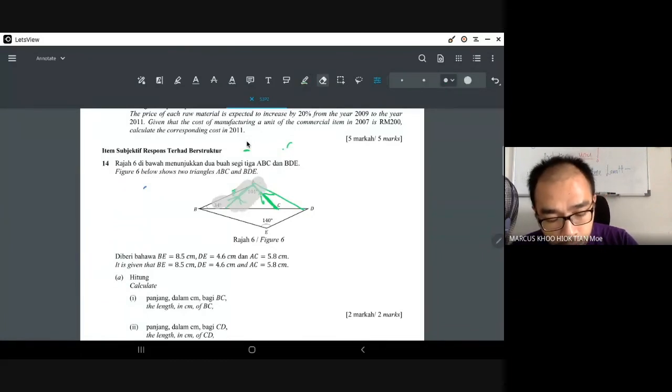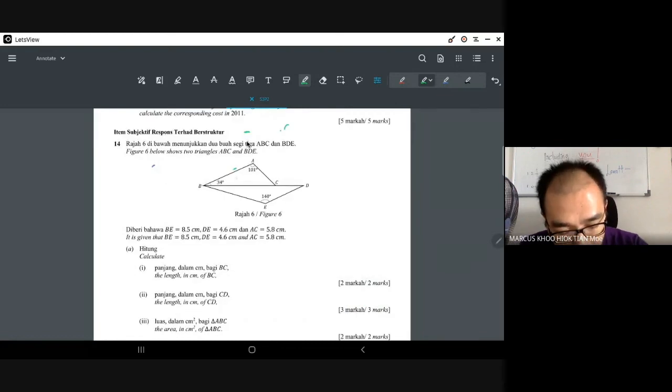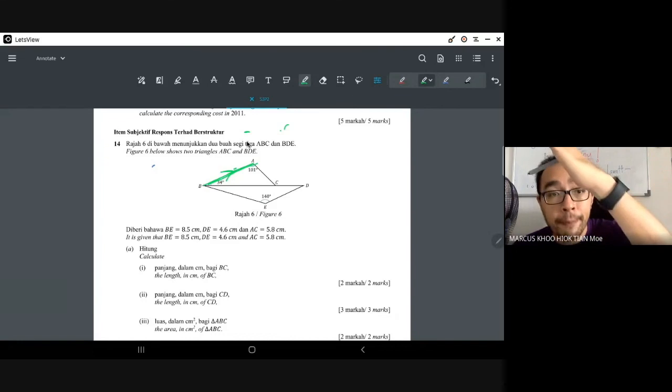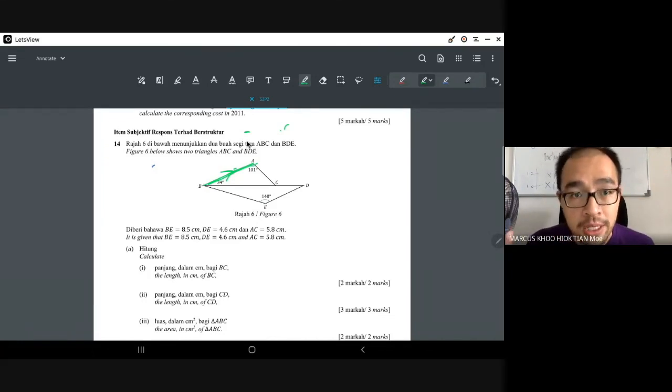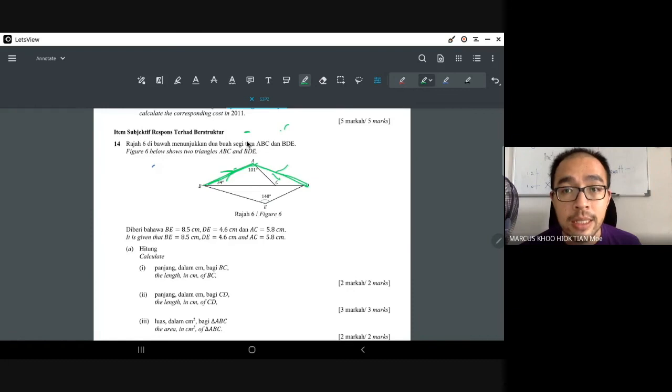Because if we follow the other one, if we use AB lah, okay, if we use AB, take a look at the direction of AB. AB is going in this direction, going towards the right up. That means in order for it to be isosceles, it has to go left up, like this. But that will make this impossible.